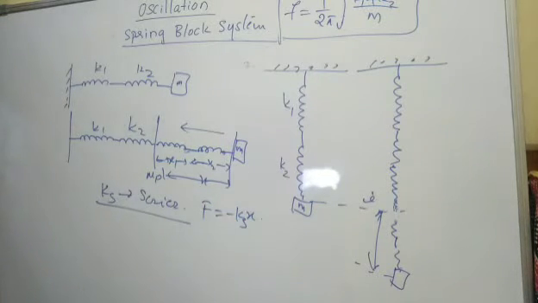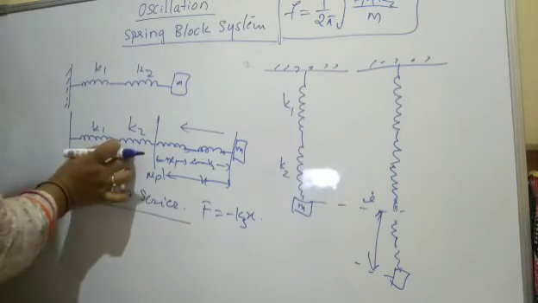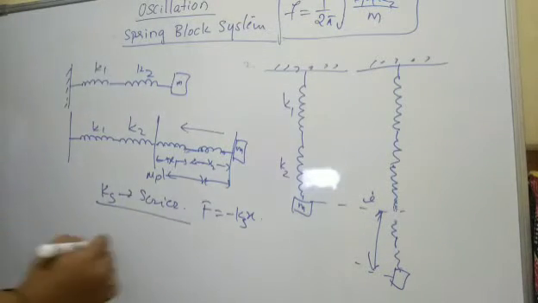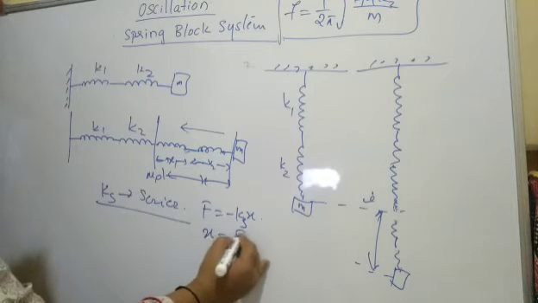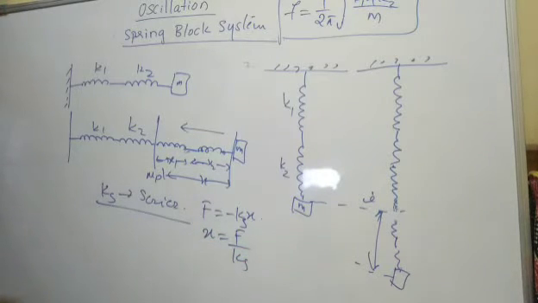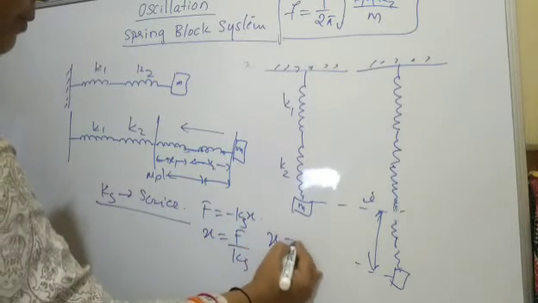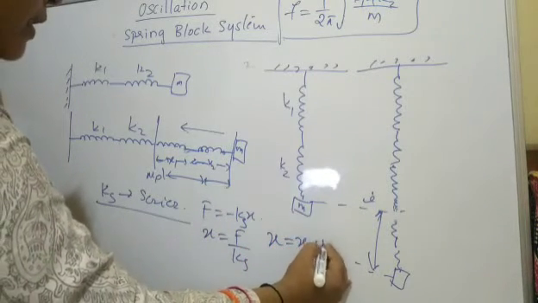In place of k, I am writing k_s because it is a series combination. Now I can write x is equal to F by k_s. The net displacement is x is equal to x1 plus x2.